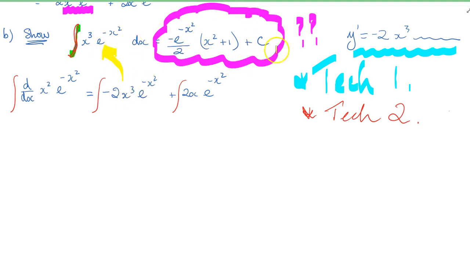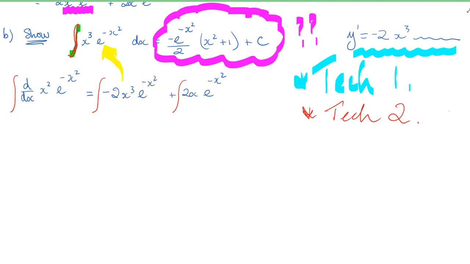I still can't see where that's coming from. No idea yet. Having realised that this term here is what I would actually like to have the integral of, let's do a little bit of work on that.